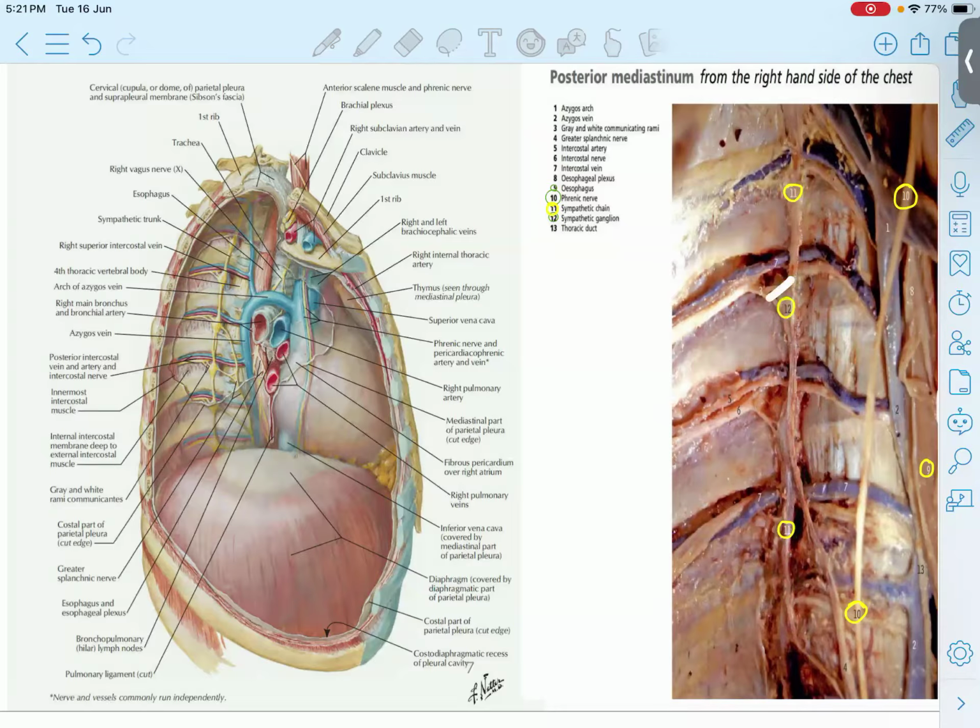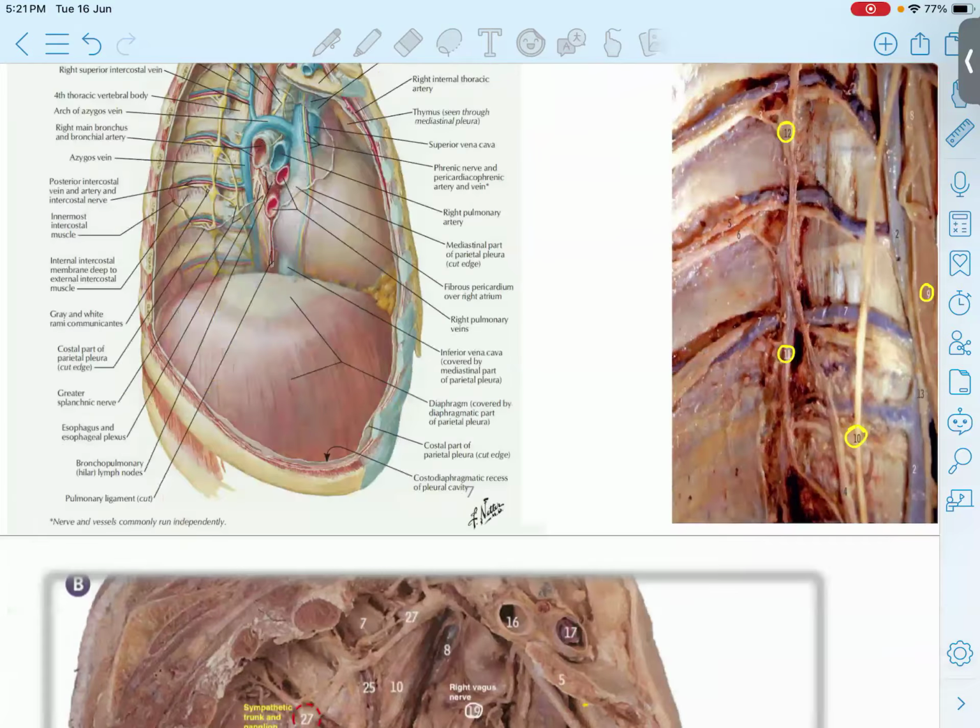See, here is a bulge point. This is ganglia, and this is a chain-like structure. It is sympathetic chain. And 10 is phrenic nerve, and 9 here is esophagus. It is important. 9 here is esophagus, and the examiner can ask many questions on esophagus. Esophagus is also a high yield topic from thorax.